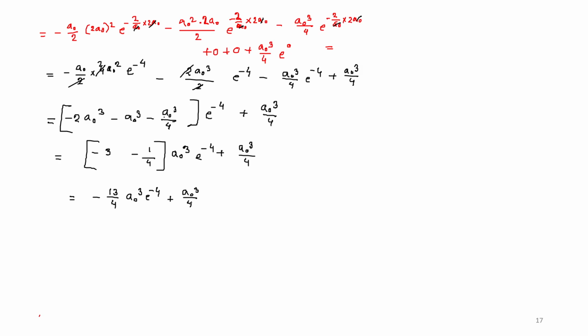So no meaning of going ahead, right? Because we don't know the value of a naught, so we cannot get any integer value from here. So obviously e to the power minus 4 is going to be a very, very small value in comparison to a cube by 4. So let's not go ahead with this.